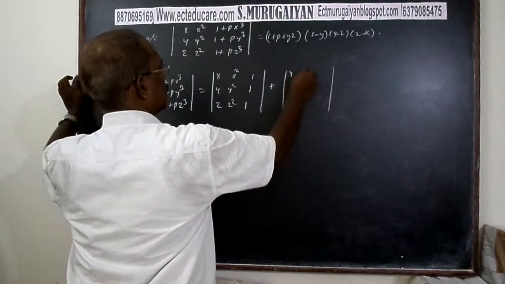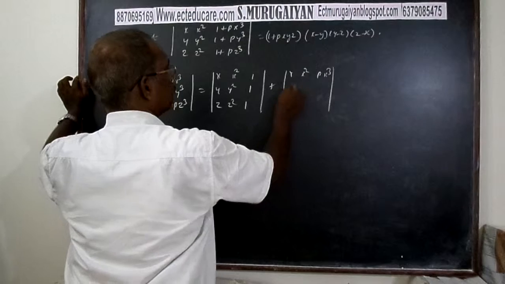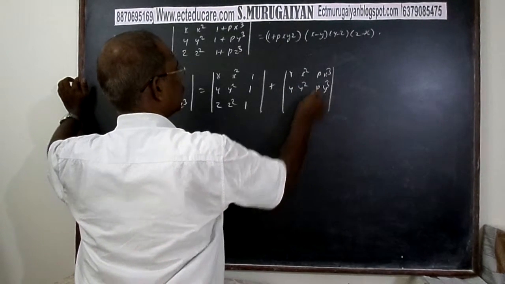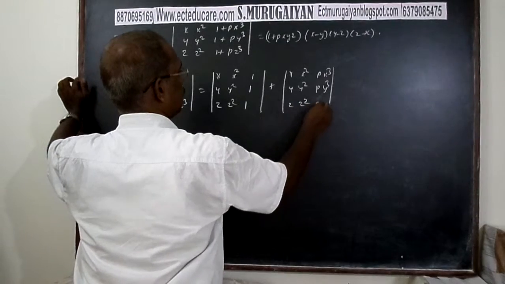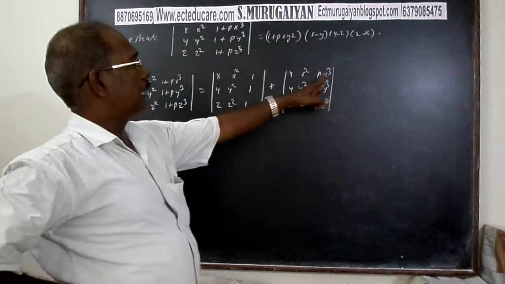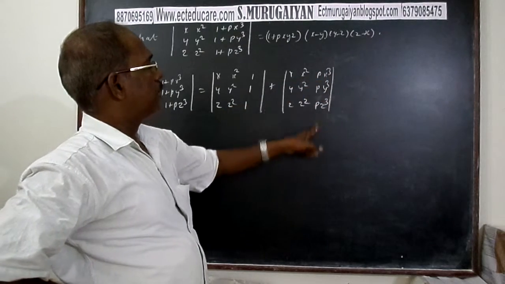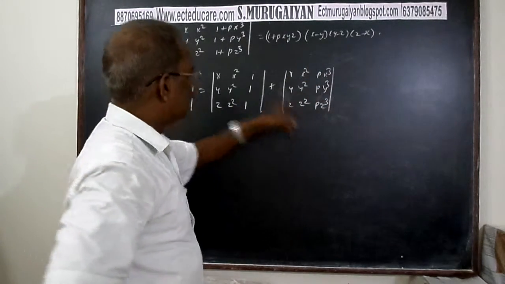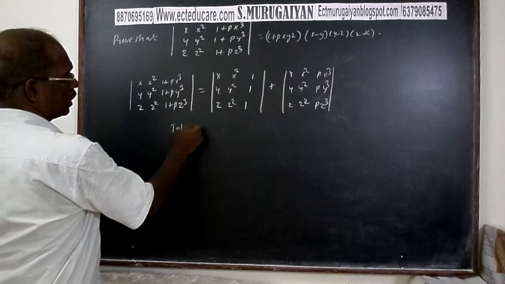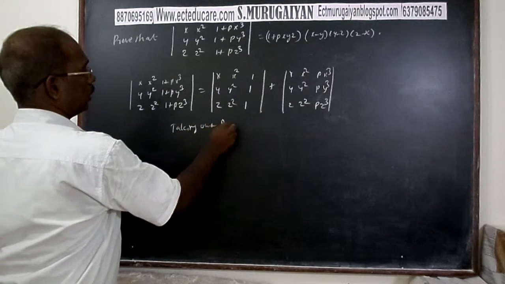Here x square, p x cube; y square, p y cube; z square, p z cube. From delta 2 we can take p as a common factor from C3.